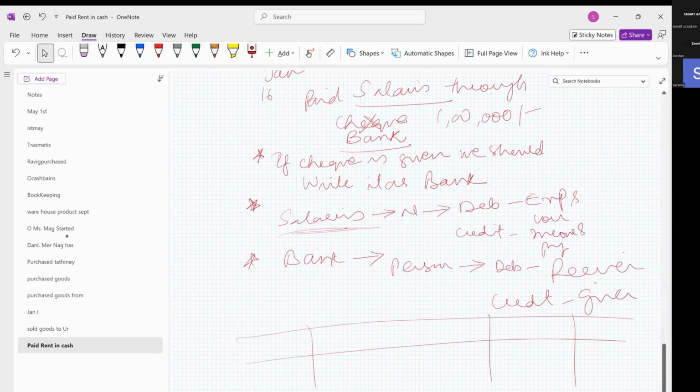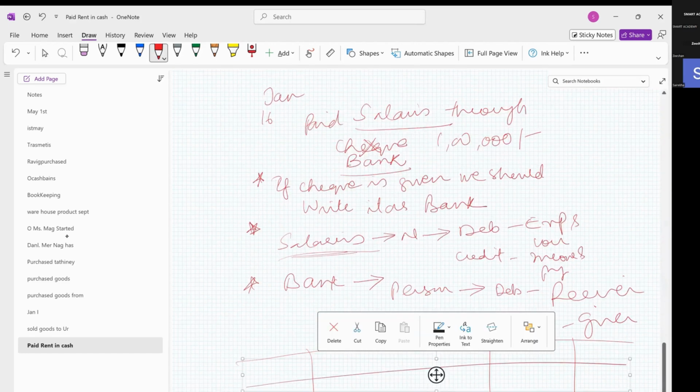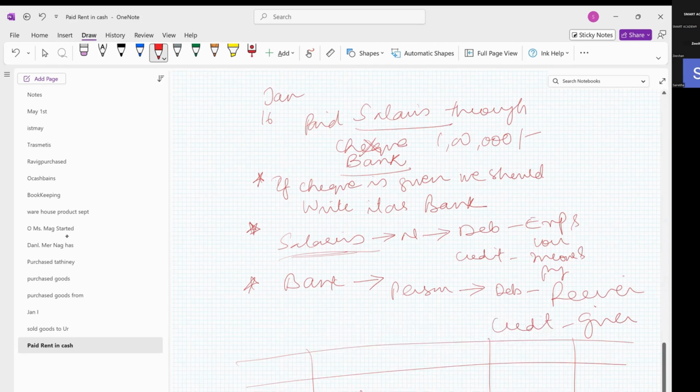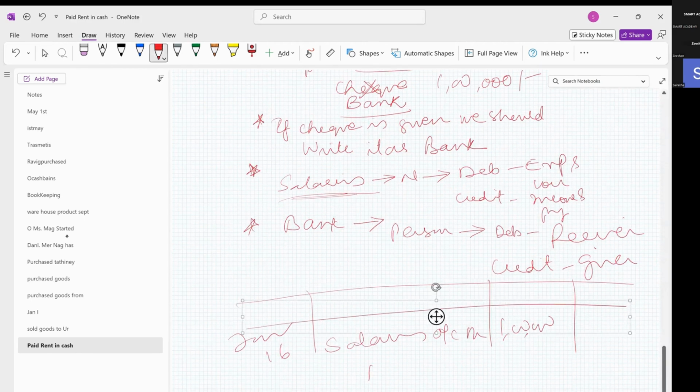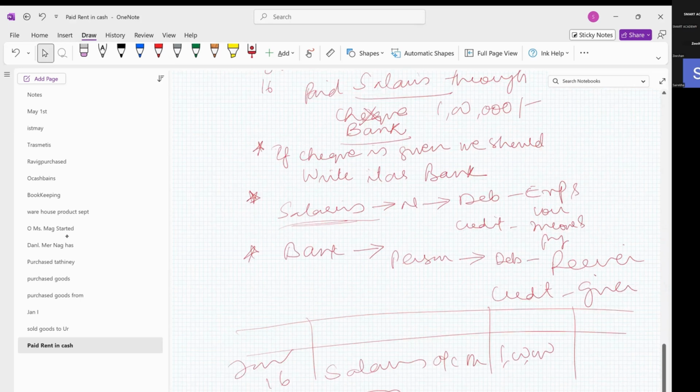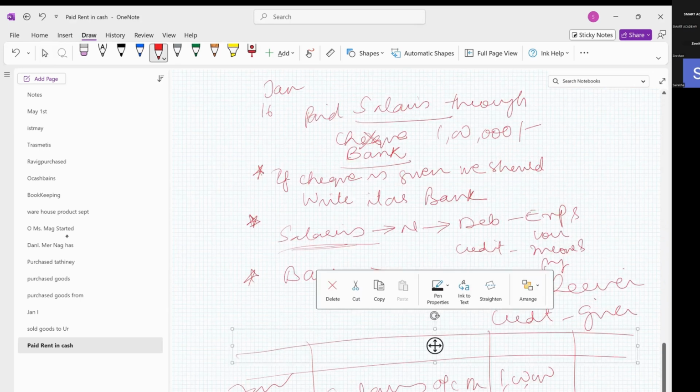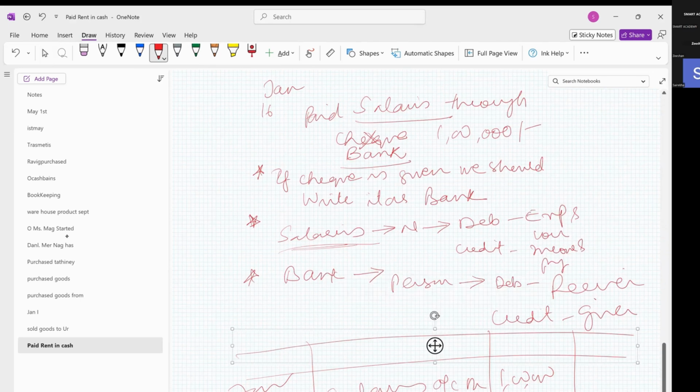So expense means it should come in the first line. So this is on January 16th. Salaries account debit, amount is 1 lakh. Next one, to. When you are paying salaries through bank, is bank a receiver or giver?